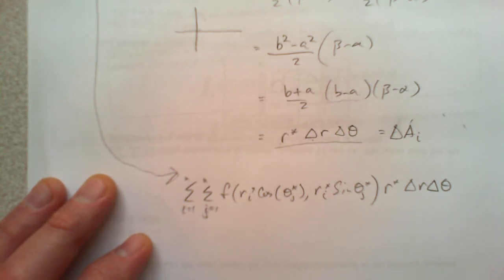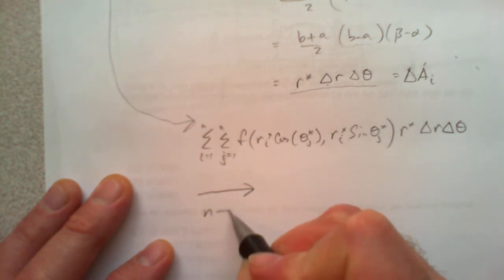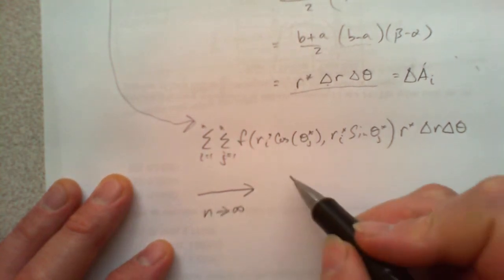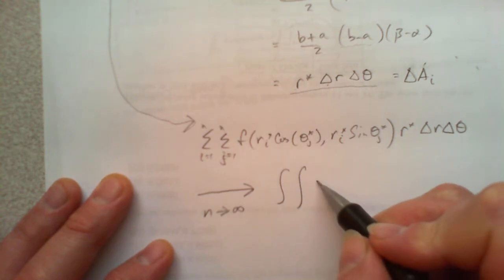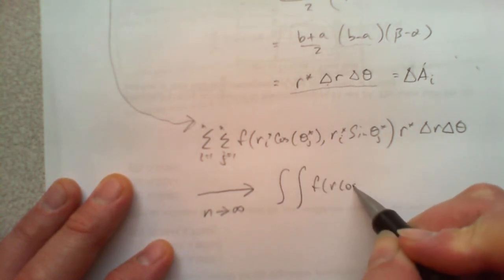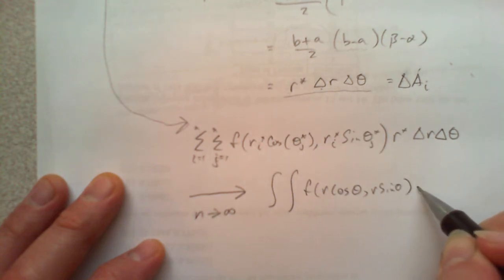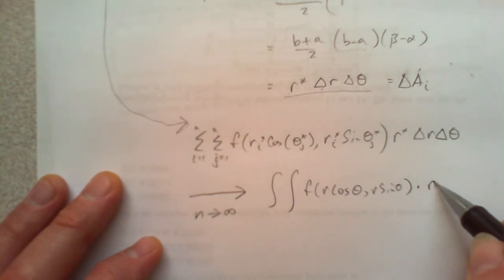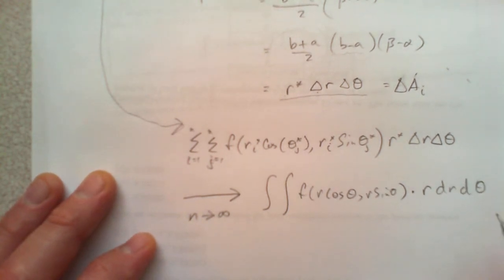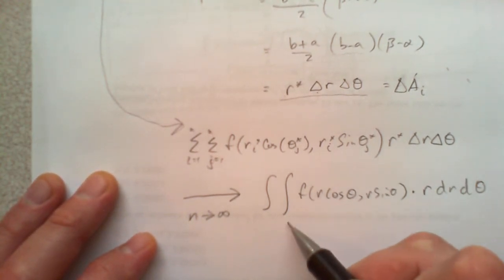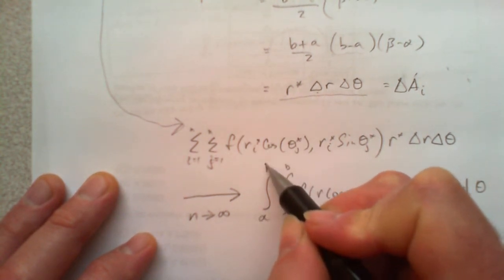Now you take the limit as n goes to infinity, and then you pick up the double integral, where you'd have f of r cosine theta, r sine theta, now multiplied by r, dr d theta. Now r goes from a to b, theta goes from alpha to beta.